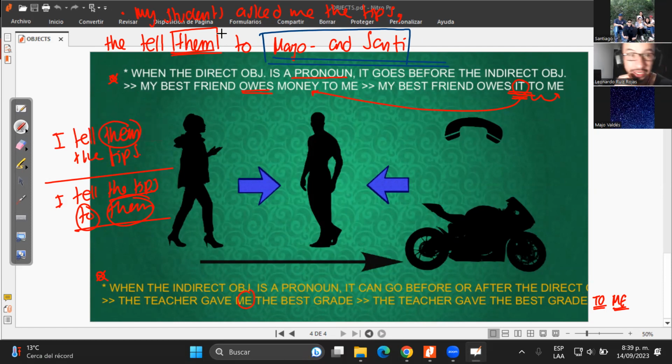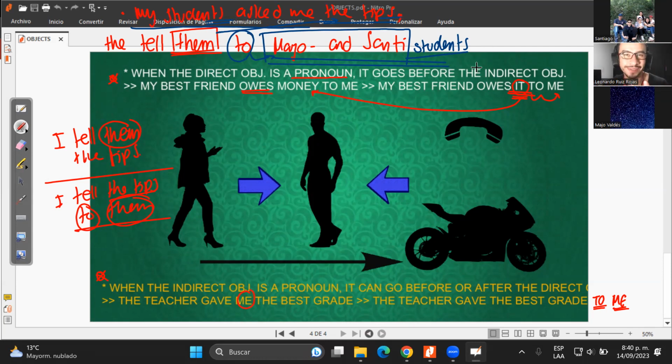In this case, which is a little less possible and less common, but also possible, it's talking about this: my students ask me the tips. I tell them to Majo and Santi. My students are here. So what will "them" be? The tips, exactly. It's confusing because in this case the tips and my students are both plural.